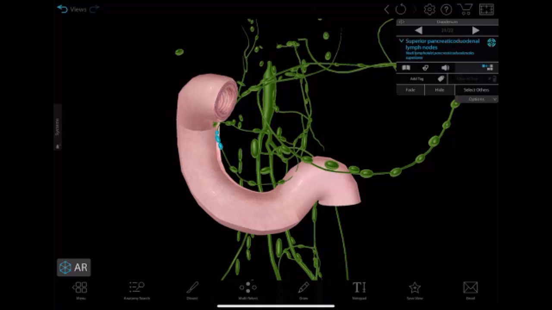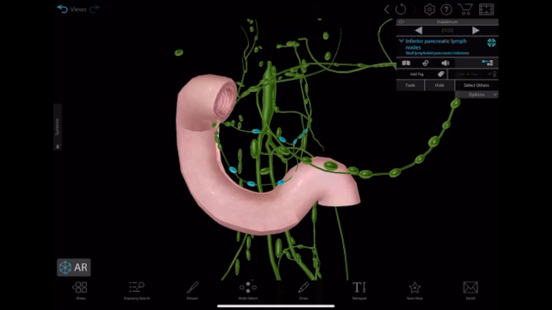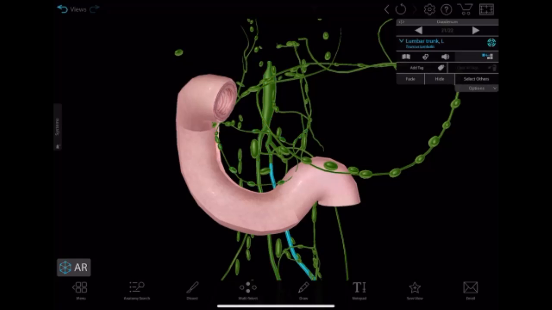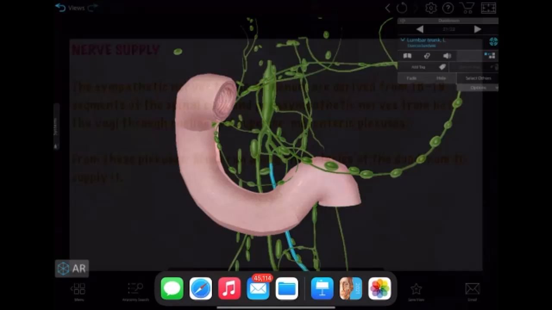Coming to the nerve supply, sympathetic and parasympathetic. From T6 to T9 is sympathetic. Parasympathetic is from the vagi through the celiac and superior mesenteric plexus. From these plexuses, fibers run around the arteries of the duodenum to supply it.